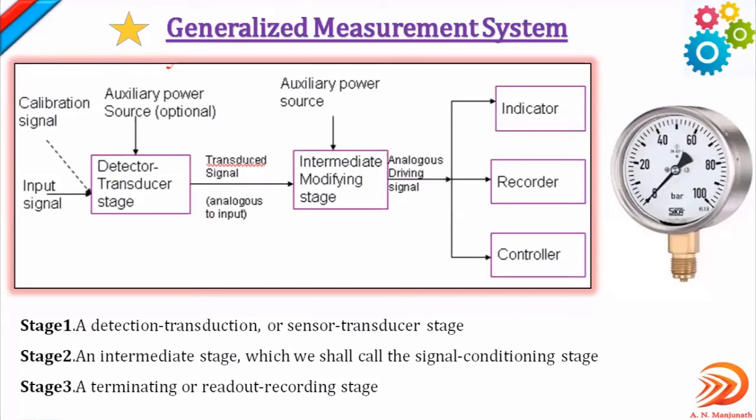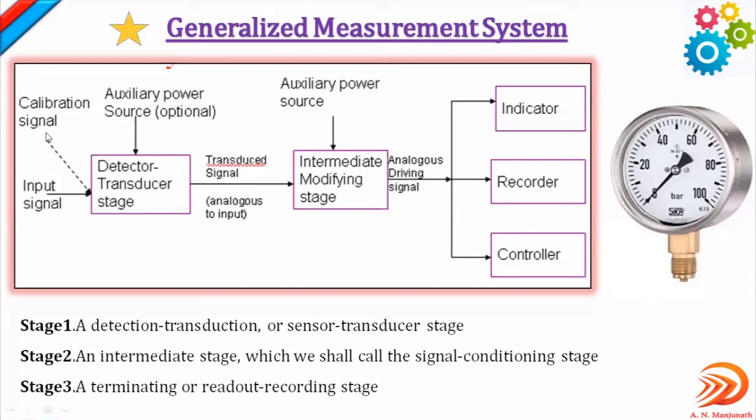It is considered like a sensor which will sense the input signals. You can observe here, the input signal is being sensed by this detector stage. It will detect the input signal. That is, it should sense the input signal.